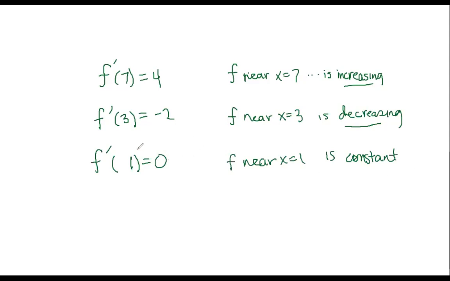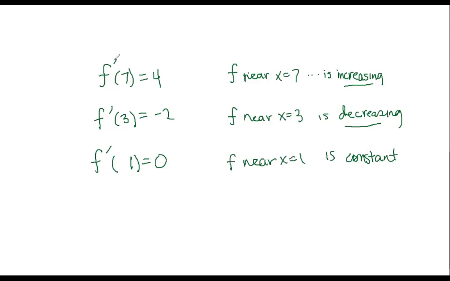Now, increasing rarely happens for just an instant, just a very small moment. Usually it happens for a while. There's usually whole intervals of increase and decrease. These rates of 0 sometimes occur just for a very small moment. So that's why sometimes you'll see something like near x equals 1, it's constant, or it changes very little, is usually what's said, but there's lots of different things that could be going on.